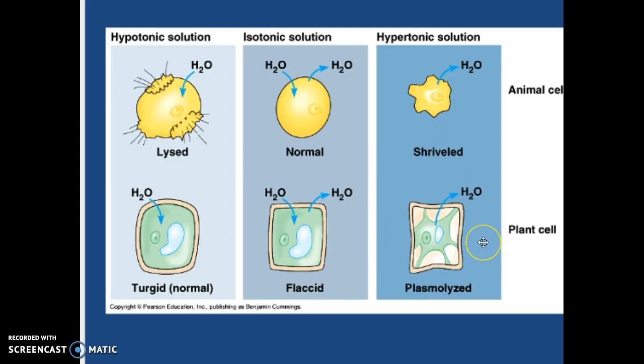In a hypertonic solution, because so much water is leaving, the cell membrane pulls away from the edge of the cell wall, and then you can see, and I will finally prove to you that there are cell membranes in plant cells, even though you couldn't see them before, when we look at that in lab 5. So these are schematics, but important to think about in terms of how cells react.